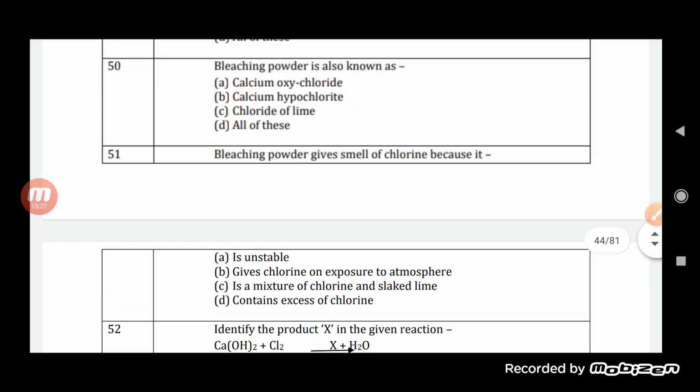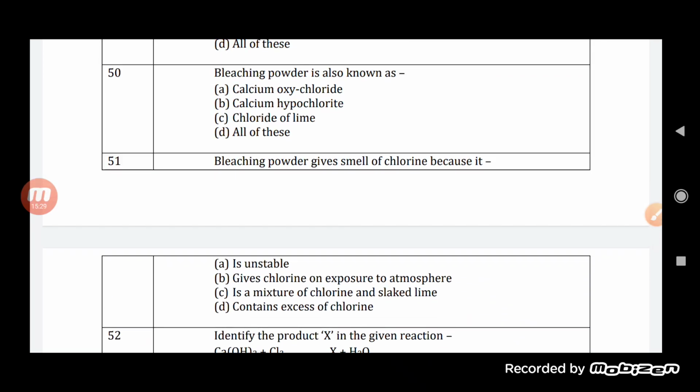Now the next question is, bleaching powder gives a smell of chlorine. How does bleaching powder give the smell of chlorine? Because it is unstable; second, it gives chlorine on exposure to atmosphere; third, it is a mixture of chlorine and slaked lime; fourth, it contains excess chlorine.